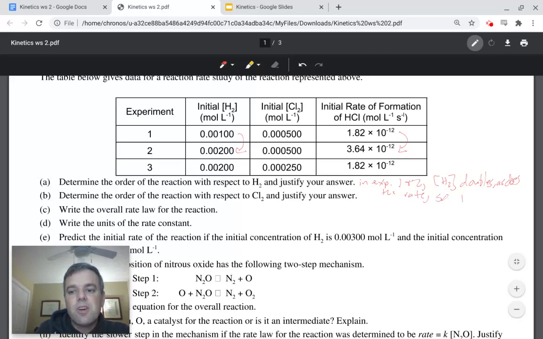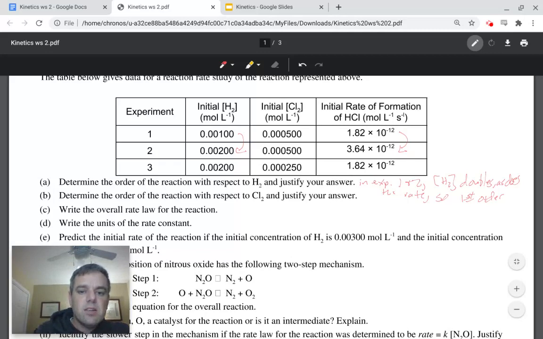So that is first order. Whatever happened to the concentration, the same thing happened to the rate. You could also do the formula. You could take 3.6 times 10 to the negative 12th over 1.82 times 10 to the negative 12th, which is going to be 2, equals 2 to the n, so n equals 1. You can do the math.